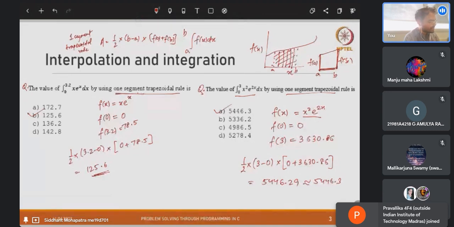If you calculate this, we get 5446.29. So this is the value of the integration of x square into e to the power 2x from 0 to 3 using one segment trapezoidal rule. Is that clearer now?